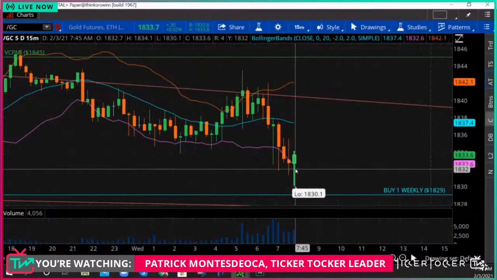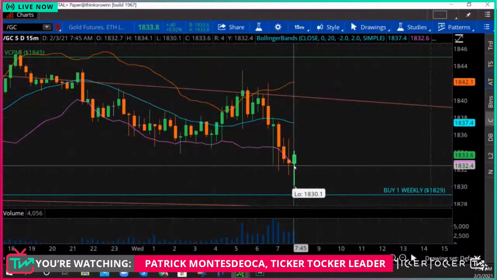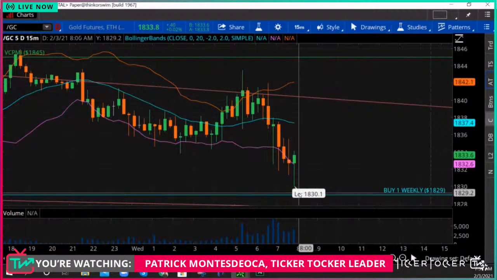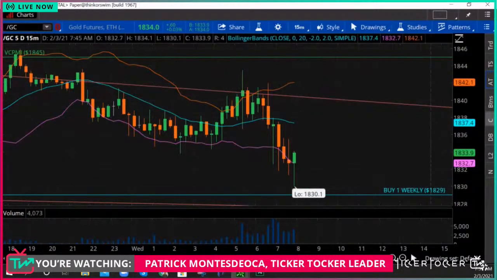If you want to follow the trade, it's an aggressive trade, but you can buy it at the market and use 1829 or 1830 as your stop. If you want to take the risk.